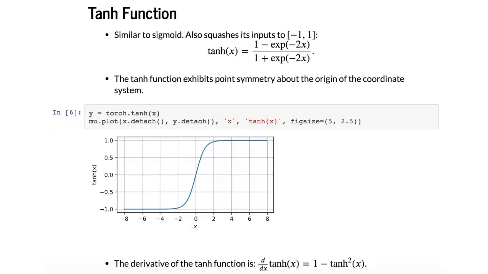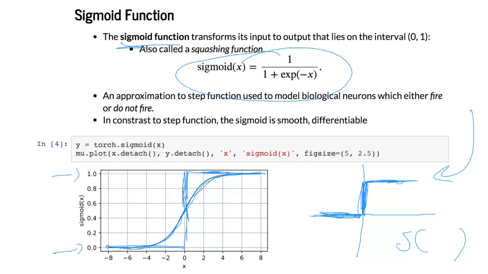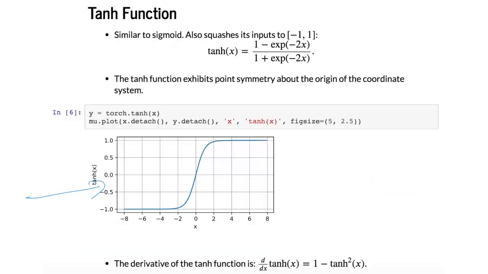And then another function that is very similar to the sigmoid is the tanh function. So it's similar also in the shape. So you see the shape is similar. So this is the sigmoid. The difference with the tanh is that it squashes everything from -1 to 1, while the sigmoid squashes things from 0 to 1.